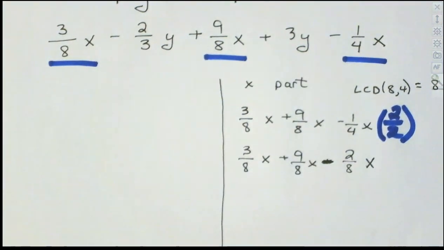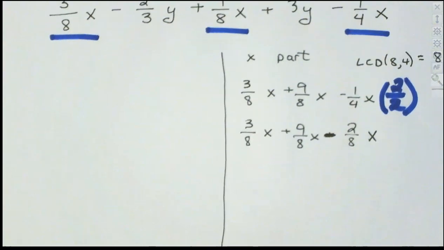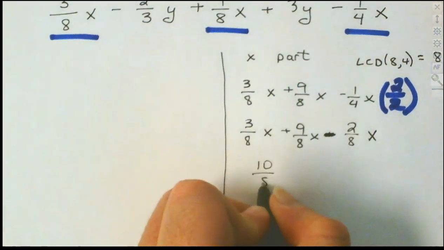So if it's easier for you to not write the x's each time, you can drop those as long as you remember when you write it on the left-hand side, it has to have the x. These all have the same denominator. We can put them all together. So we've got 3 and 9 and a minus 2. Well, 3 minus 2 is 1. Add 9 to it, we get 10/8 x.